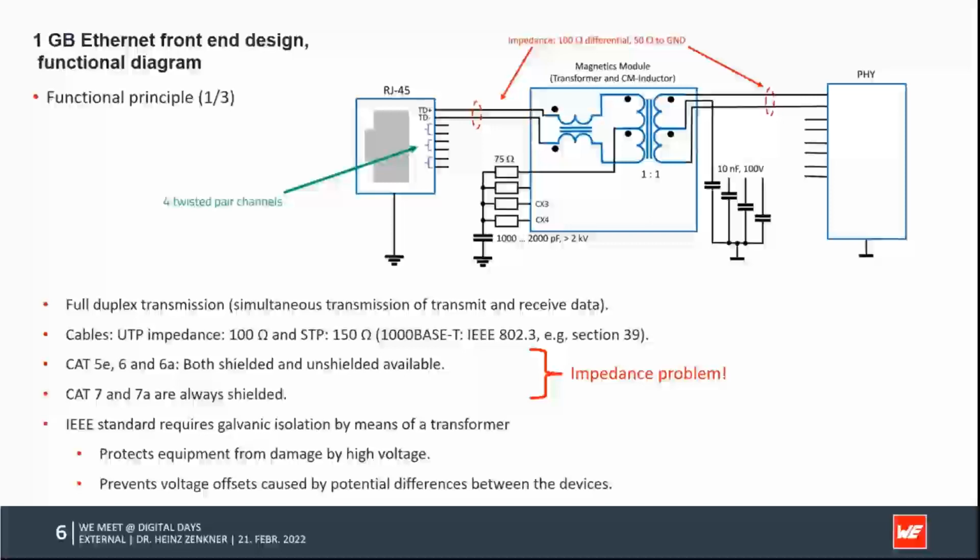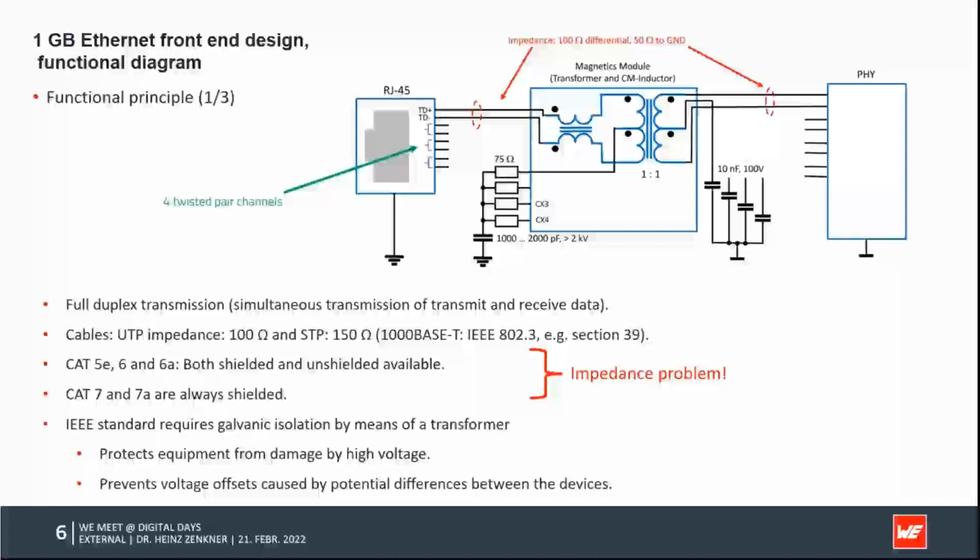And then if there is a galvanic isolation, this separates the Pi and your hub. And this also prevents voltage offsets caused, as I mentioned already, by potential differences between the devices, especially if there are long distances between.